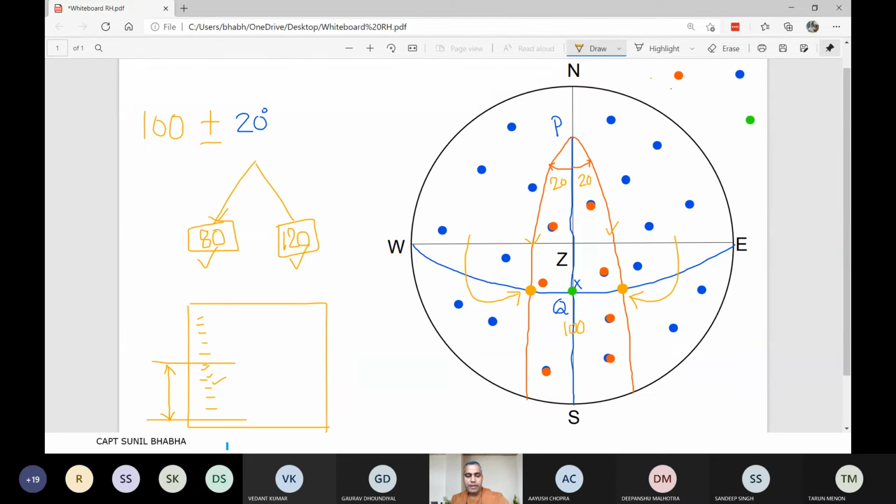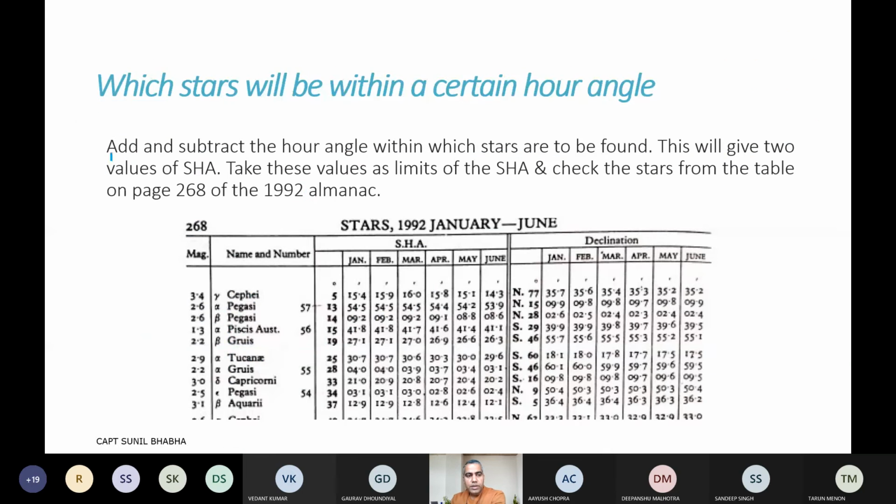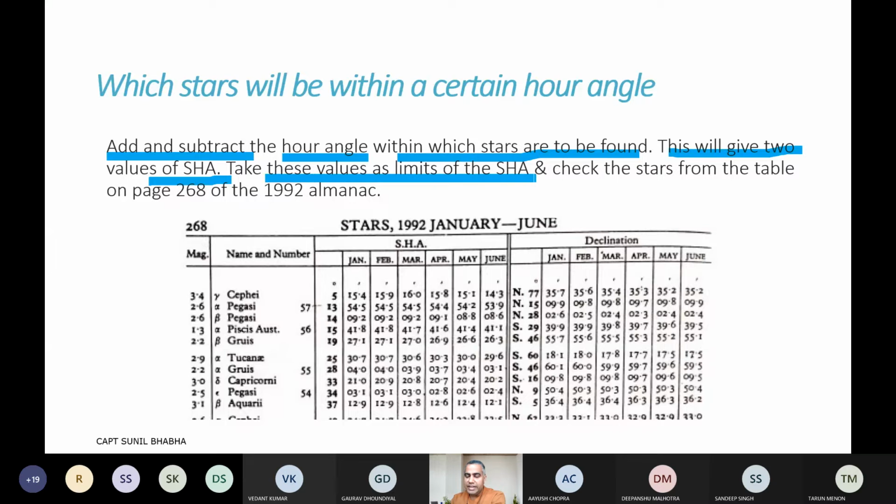Now let me show you the same thing in the presentation. As I told you, add and subtract the R angle within which stars are to be found. This will give you two values of SHA, like we have just now taken 80 and 120. Take these values as limits of the SHA.